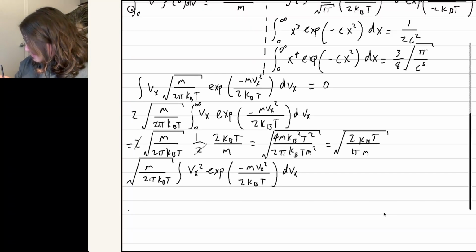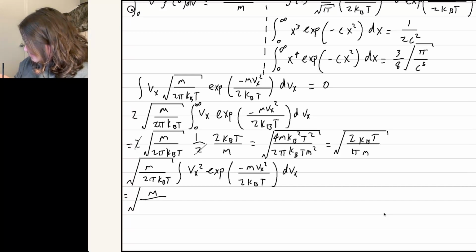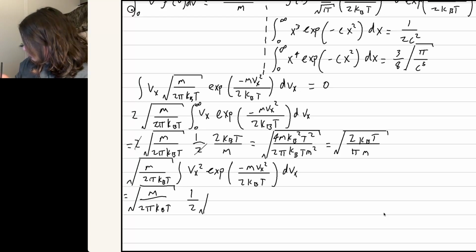So plugging that in, you will get m over 2 pi kbt times, it's not an integral anymore, it's 1 over 2 square root.